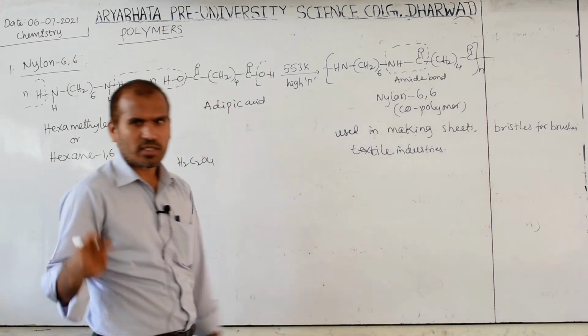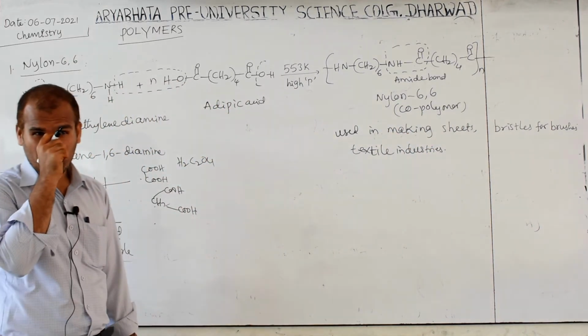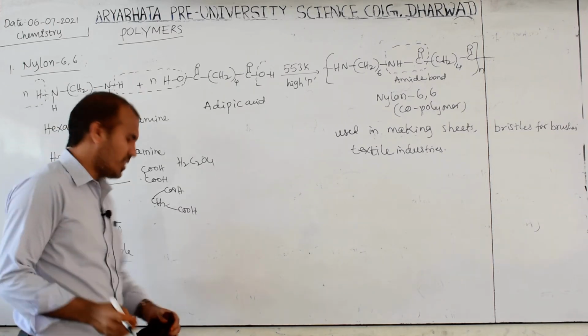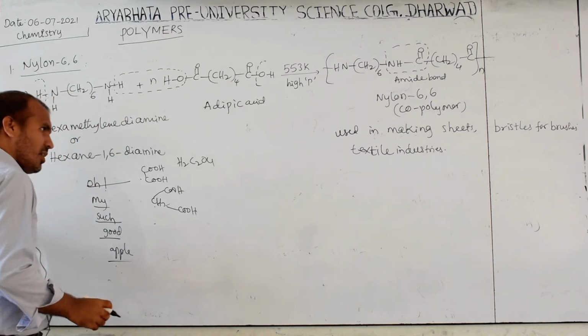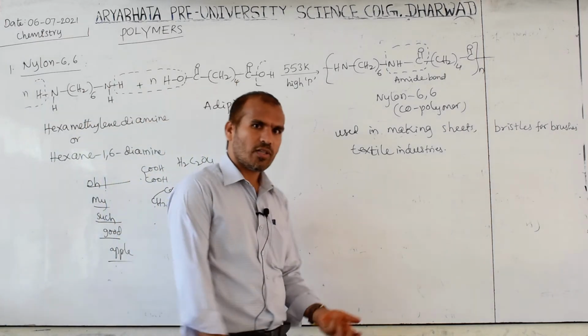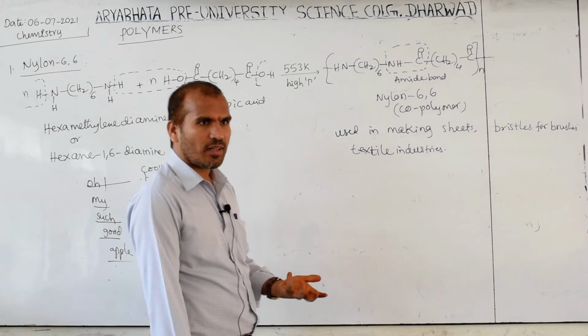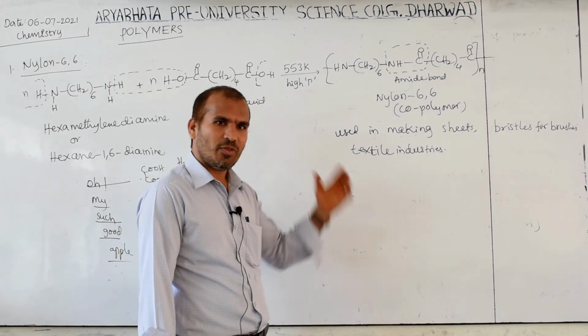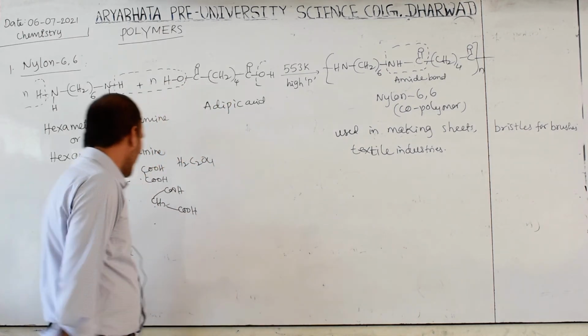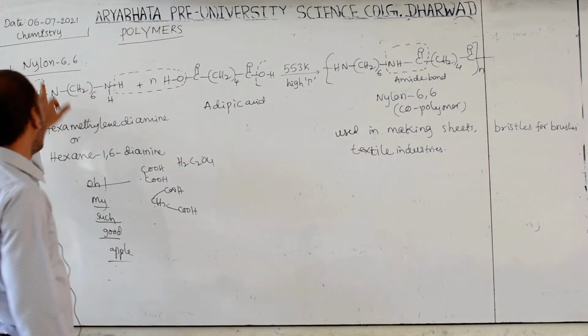Because nylon shirts, some textiles also will be there. You may have seen in your lower section types of cloth: polyester, that is called terylene, terrycotton, cotton, woolen, nylon, like this you may have studied. So this is also one of the types. And next, nylon 6.